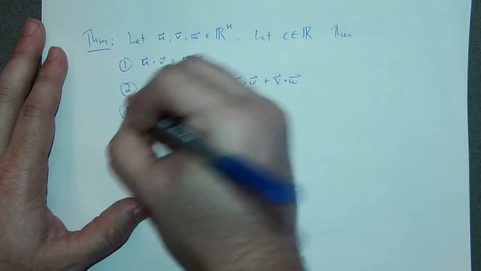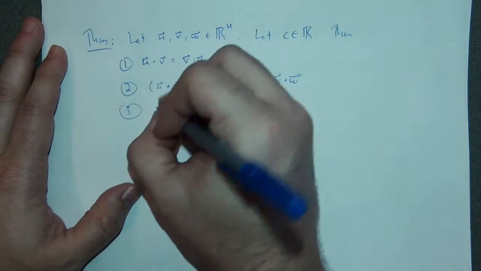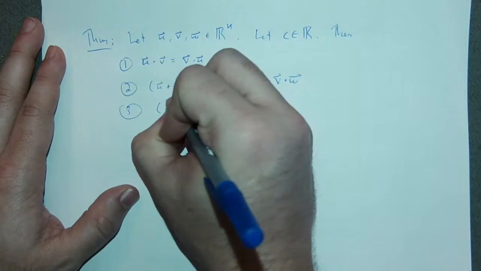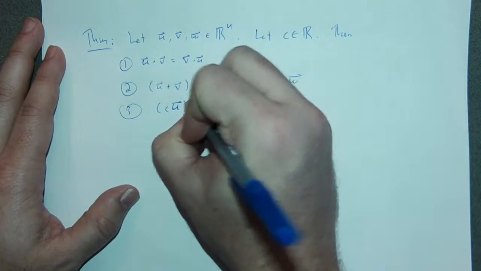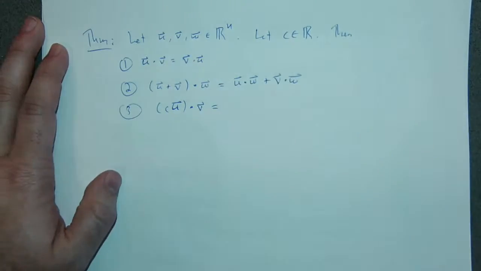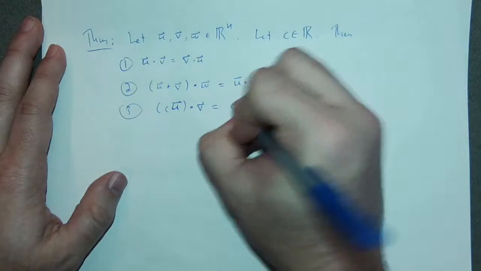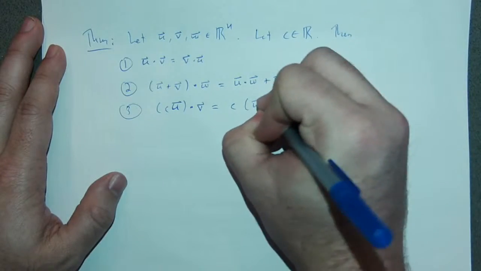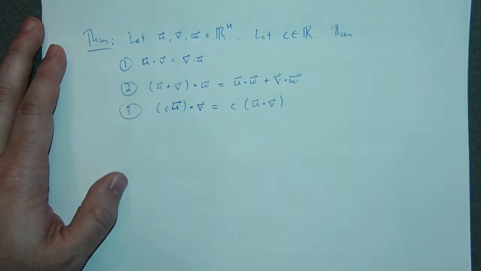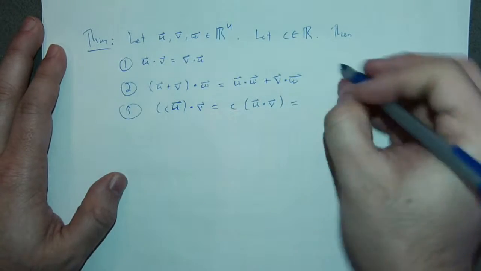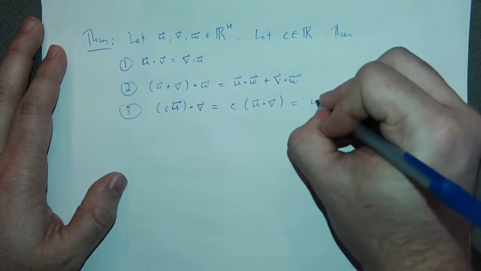Okay, third thing, if you scalar multiply a vector and then dot it with another vector, that's the same thing as scalar multiplying the end result dot product, which of course is the same thing as scalar multiplying in the other slot.